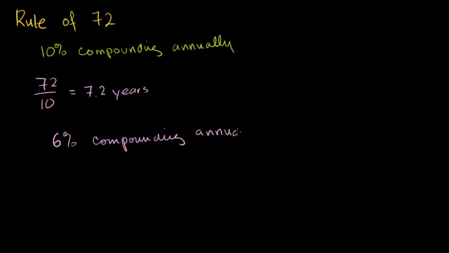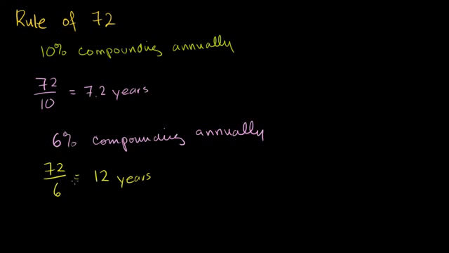Well, using the rule of 72, I just take 72, divide it by the 6, and 6 goes into 72 12 times. So it'll take 12 years for me to double my money if I'm getting 6% on my money compounding annually.